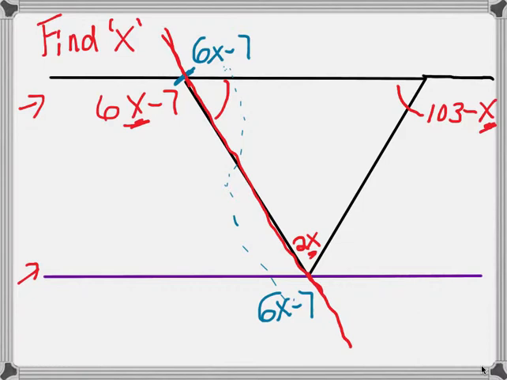This angle measure here is 103 minus x, that's this right here. If I use the alternate interior angle theorem, I'll be able to figure out where it is down here. The reason I'm doing that is I have too many unknowns, and I'm trying to figure out how to set up this equation.